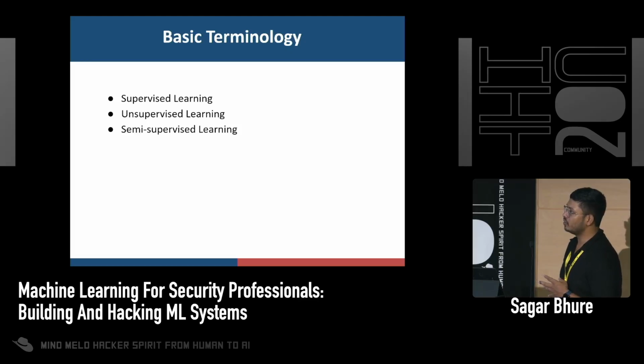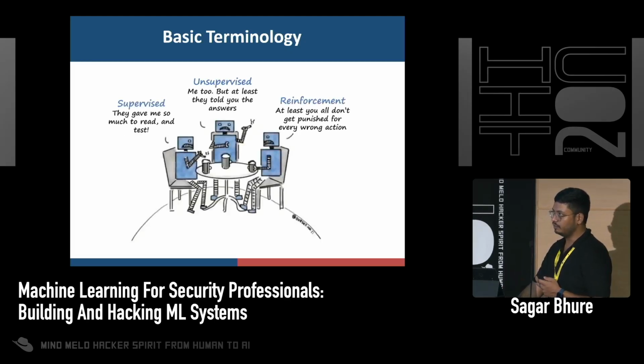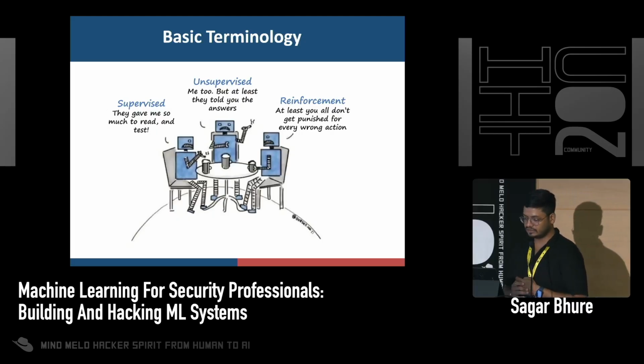Okay, so basic terminologies. There are three forms of machine learning: supervised, unsupervised, and reinforcement. Let's try to understand that with an example. How many of you have been to IKEA or understand what IKEA is? Okay, that's great. IKEA is a store where you go and order your home decor things.